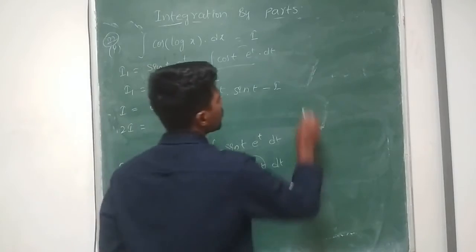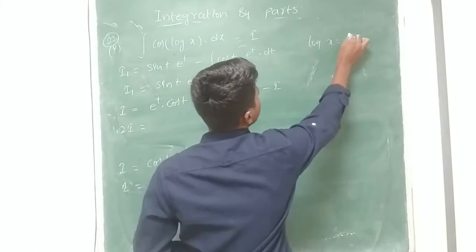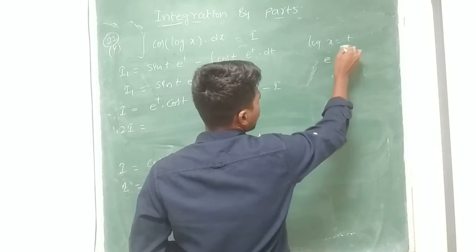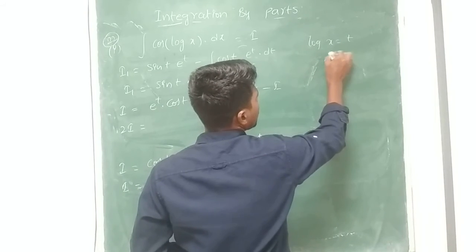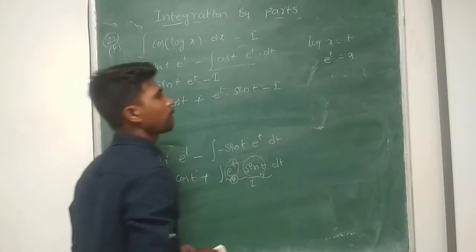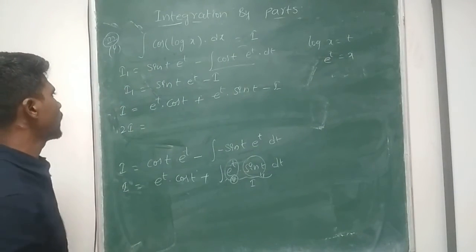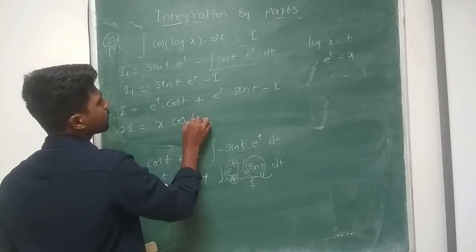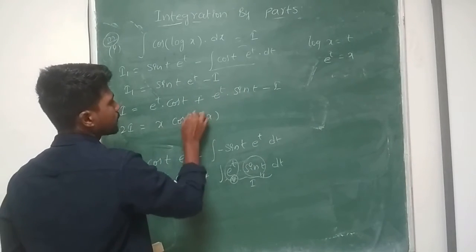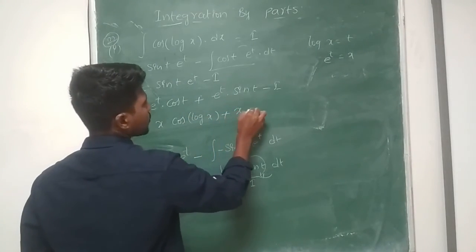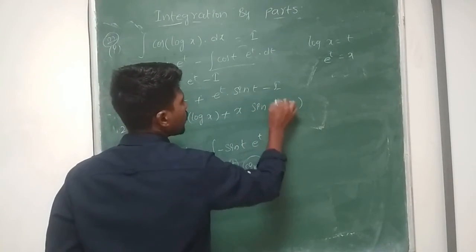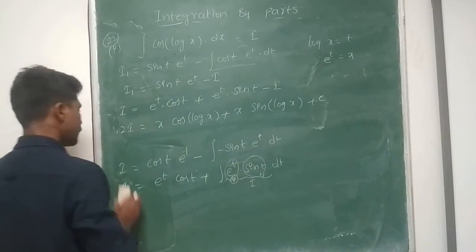What did I consider? I considered log x as t. So e power t can be replaced as x, and cos of t can be replaced as cos log x, plus x into sin log x, plus a constant c.